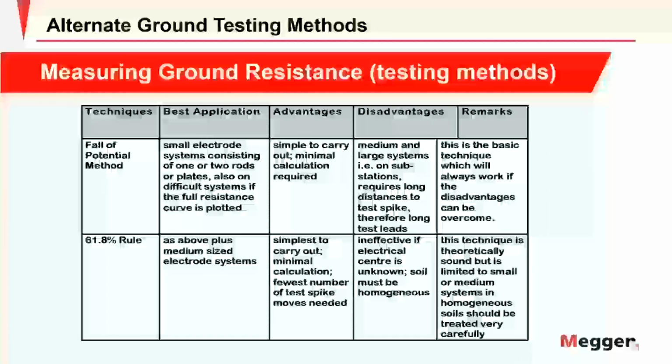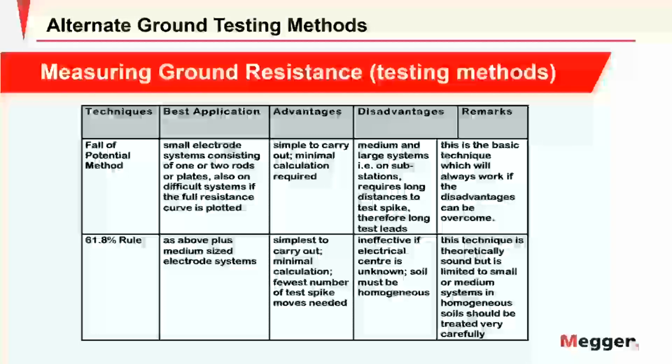So just a quick summary: fall-of-potential is your best and most reliable method. We talked about this a couple of weeks ago. If you were not part of that webinar, then you can get back to me and I can help you with that. So that's really your best method, but it is somewhat time consuming and it does require enough room to get the current probe out of the electrical sphere of your test ground.